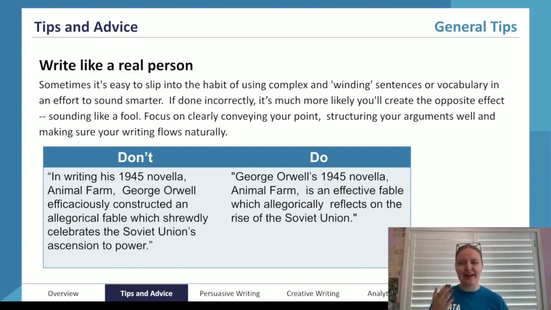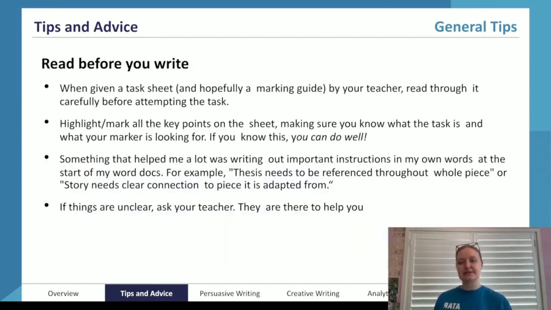There's really no way of knowing. Instead, we condense it, we make it simple, we make it straightforward, we make it to the point. George Orwell's 1945 novella Animal Farm is an effective fable which allegorically reflects on the rise of the Soviet Union. Much nicer, much crisper, and much easier to understand.